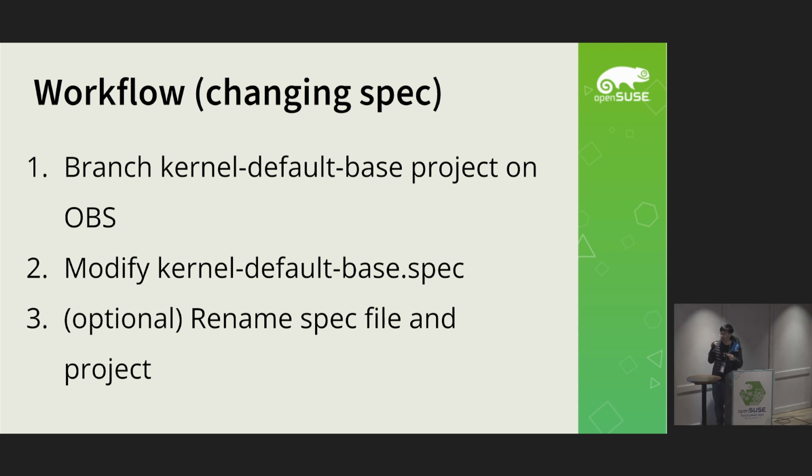And after you branch a project, you go into your own branch OBS package and modify the specification file. I'll talk more about it later. And one thing you would probably like to do is to rename the spec file and the project to something else. Because the kernel default base is actually something that you'll see on the VMs. So you might want to change your kernel package name to something different so it's easier to differentiate and also so it will not conflict with the original.